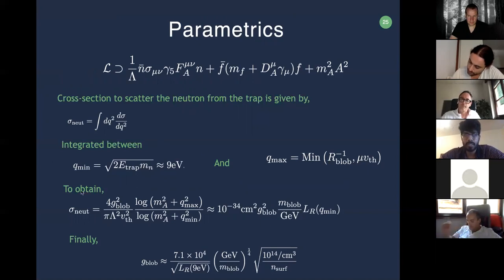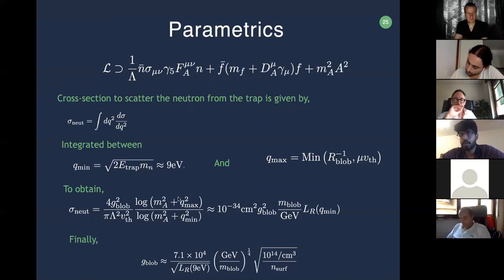And with this, we obtain, apart from this log, just g_blob squared over Λ, which is the dimension 5 operator here, Λ squared v_thermal squared. Okay, so this is what I obtain. However, there is this log q_max over q_min type behavior.